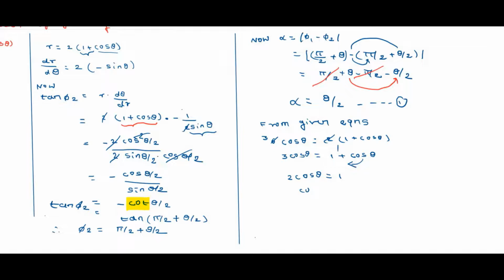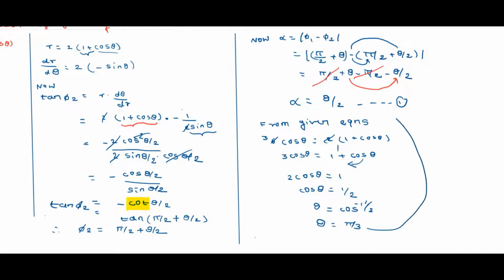So cos theta is equal to 1 divided by 2. Theta is equal to cos inverse 1 divided by 2. What is cos inverse 1 by 2? That is pi by 3, 60 degree. Cos 60 is equal to 1 by 2.